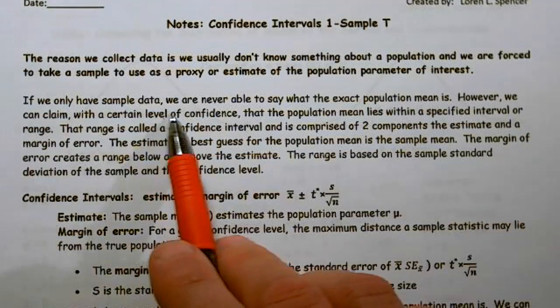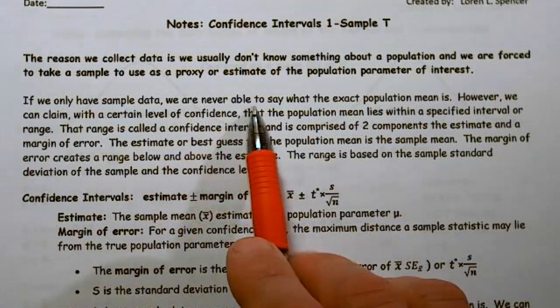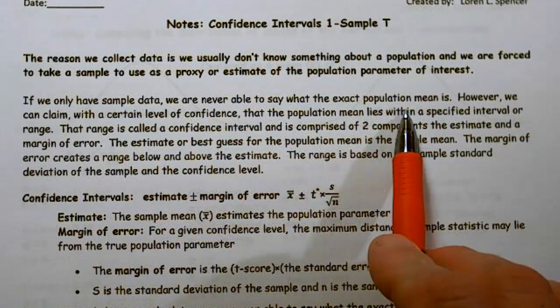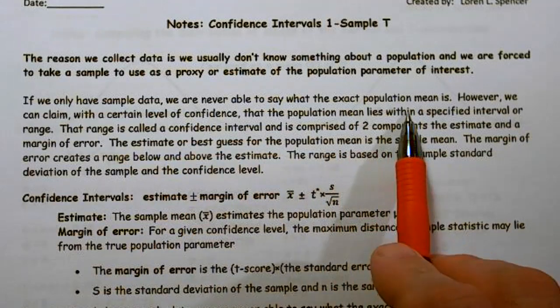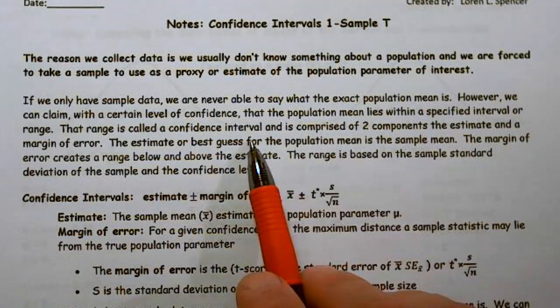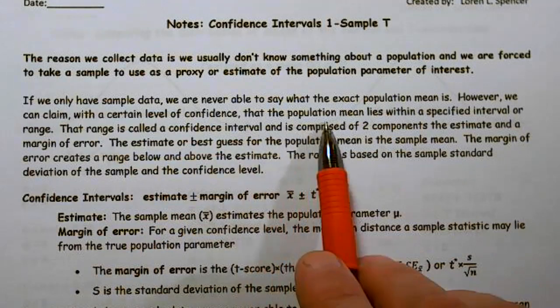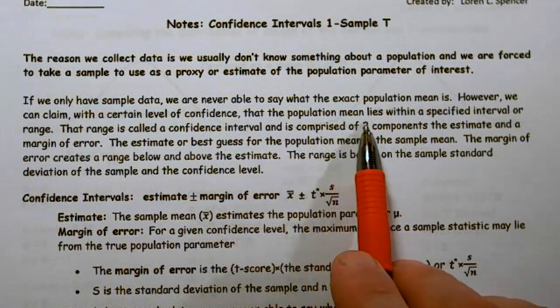But if we only have sample data, we are never able to say what the exact population mean is. So if I only have a small sample, I don't know exactly what people earn at Reagan. However, we can claim with a certain level of confidence that the population mean or population average lies within a specific interval or range.